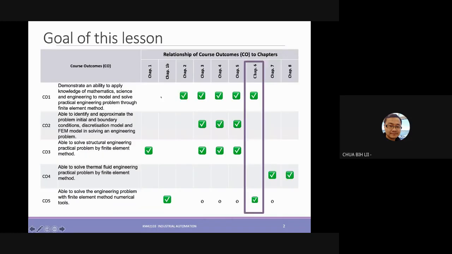Okay, so this chapter will be related to CO1 and CO5, actually. Basically, this isoparametric formulation is just an exposure to you on what actually happens, more on the mathematical part, on the usage of the knowledge of maths and engineering to solve the finite element problem.